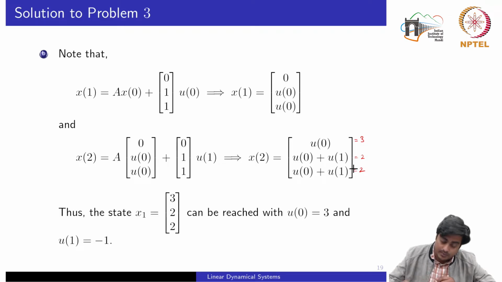So in only 2 steps we can reach the value which is specified initially, 3 2 2. And the values of the control signal would be 3 and minus 1. Okay.